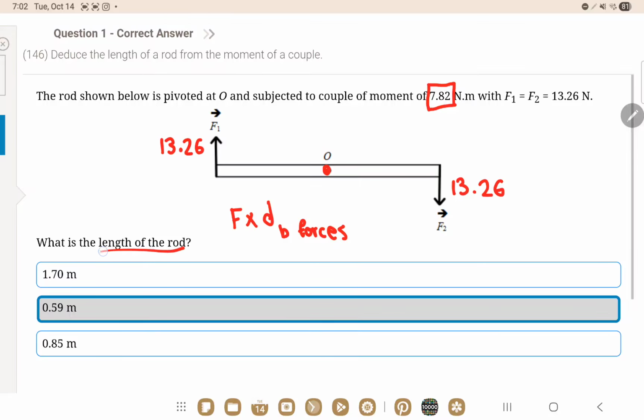Here they want the length of the rod, which is the distance between the two forces, isn't it? So the moment, which is 7.82, equals the force, and you only take one force in couples, times the distance. You find the distance to be 0.59. Moving on.